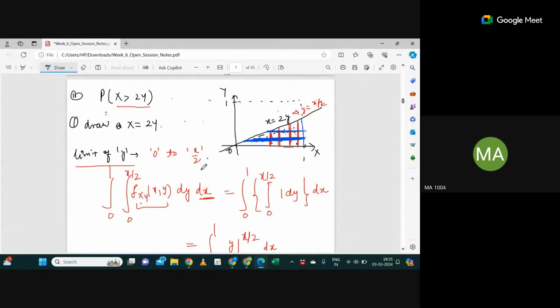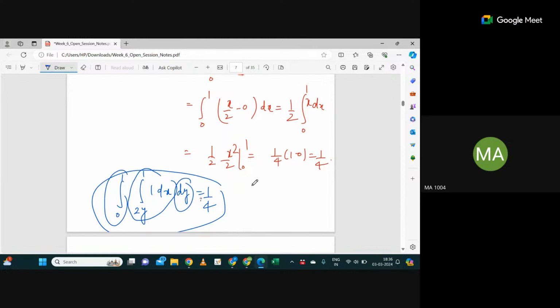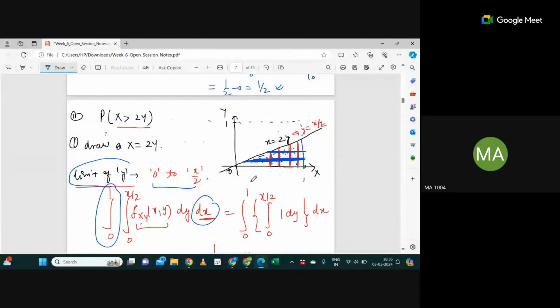Either one is good. If you want to find the limit of y first, then just draw a parallel line to the y-axis. So the limit of y will be this. Then for x, just take the whole limit. That's all. Vice versa, if you find the limit of x first, then take the total limit of y. So you can go with anyone, not a problem.